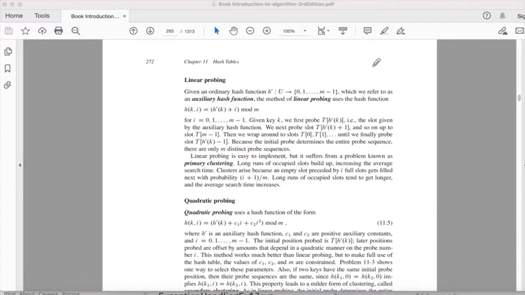For the division method, what do we use? We use h of k equal to k mod m, right?